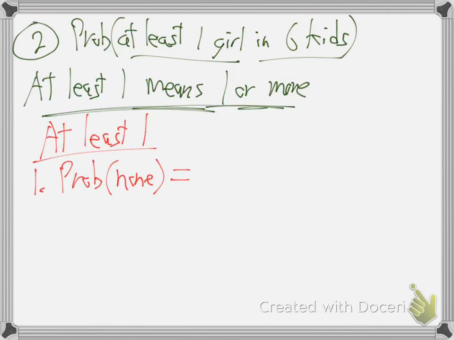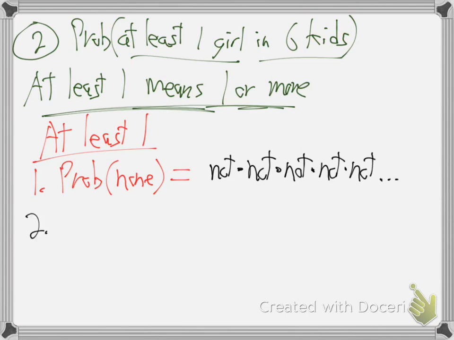So then, let's get back to the question. How do you do the probability of at least one? Well, you start by figuring out the probability of none. What's the probability of none going to be? It's going to be the chance of naught times naught times naught times naught times naught, etc., however many you have. So I'm giving you a general game plan, and then I'll do the particular.